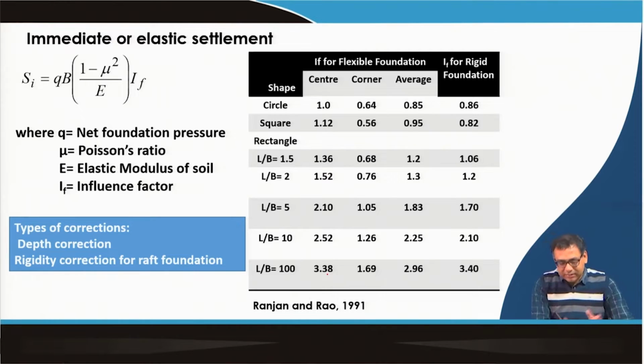As I have discussed, the rigid foundation IF value is 0.8 times the flexible foundation IF value at the center. So, this is for the square footing, at the center for flexible foundation it is 1.12, then I will apply the rigidity correction, then I will get the settlement for the rigid foundation. So, I will use 1.12.